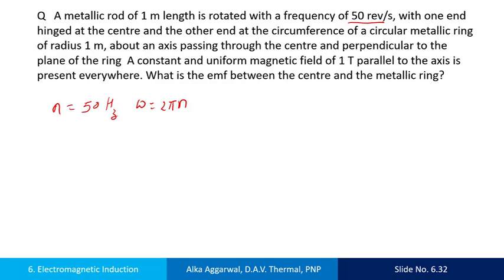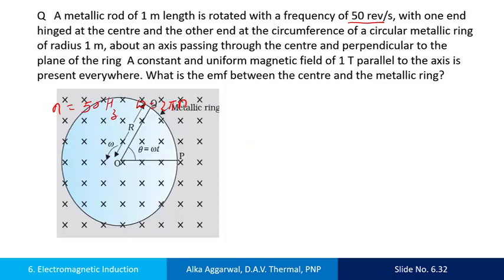One end is hinged at the center and the other end is at the circumference of a circular metallic ring of radius 1 meter, about an axis passing through the center and perpendicular to the plane of the ring. So it is a rod which is connected with the ring and is rotated. Here the magnetic field is in the inward direction. The rod is moving perpendicular to the direction of the magnetic field.